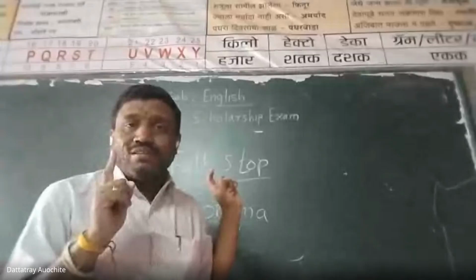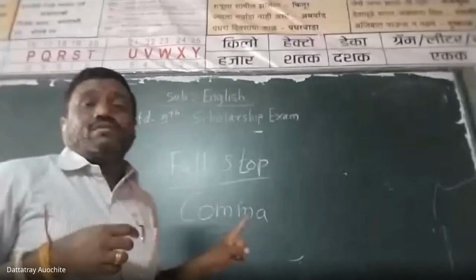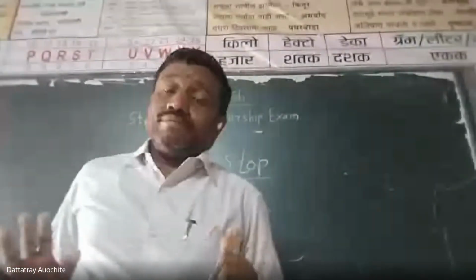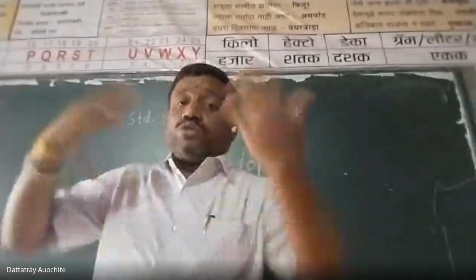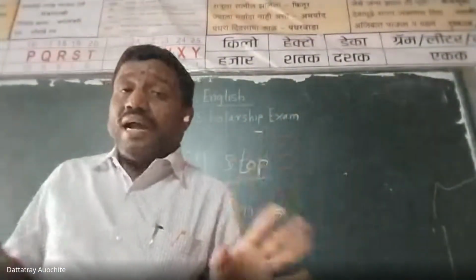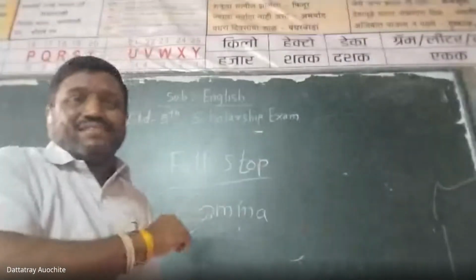Have you got it? What is the first use of comma? Comma we use in the middle of our saying. Whatever we want to say, it is not complete, and we need some breaks there.